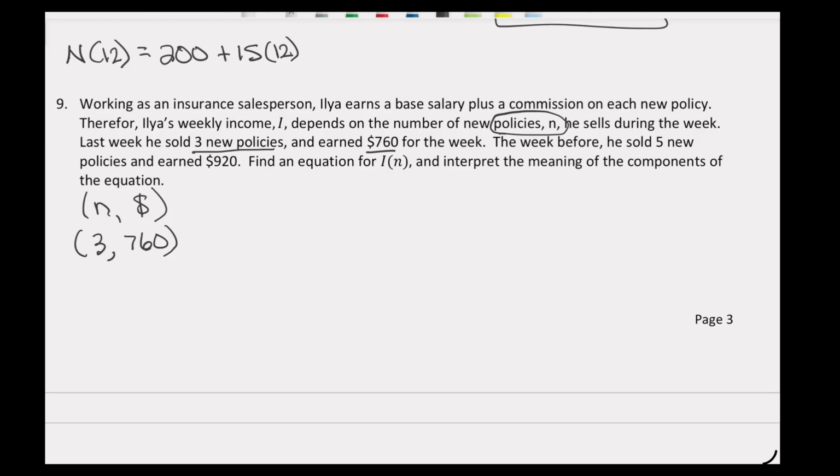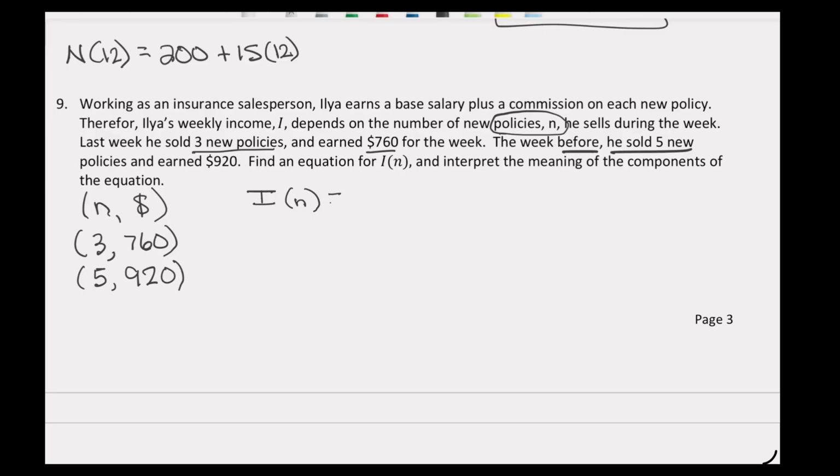The week before that, he sold 5 policies and got $920. Find an equation for income with respect to the number of policies, and interpret the meaning of the components of the equation.